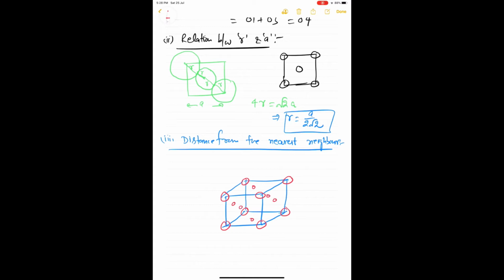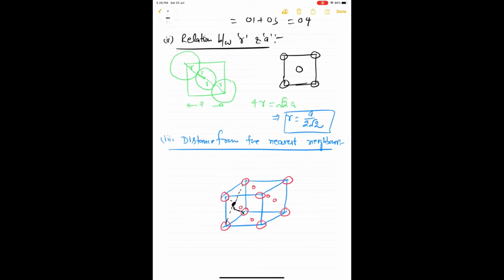If I focus my attention on this particular atom which I have darkened, and see which atoms are closest to it, we'll see that these distances that I have drawn here are precisely equal, and they are equal to a by root 2.